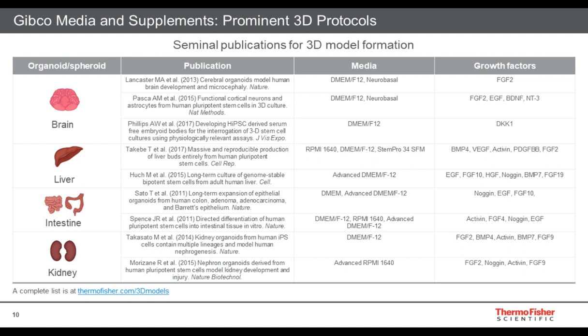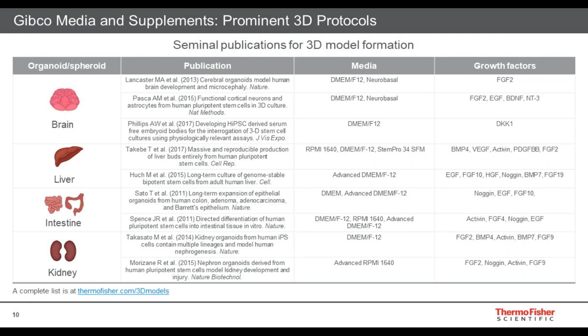So this table is also just meant to summarize some, certainly not all, of the landmark publications across a number of different organoid model systems. And again, just to orient you to the fact that many of the cell culture ingredients that you may have been using for other purposes have often been directly co-opted for many 3D model systems.